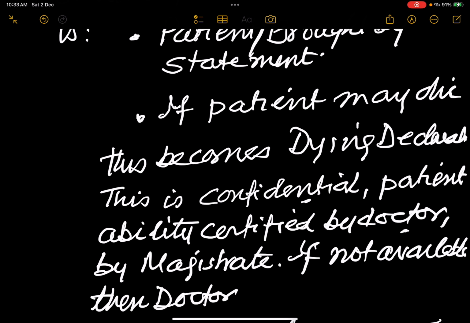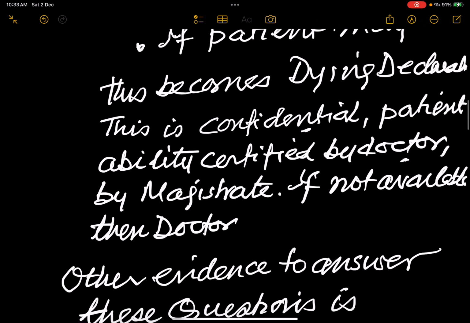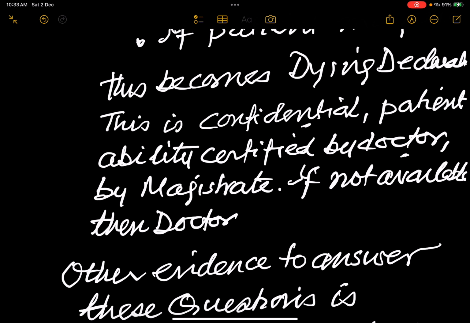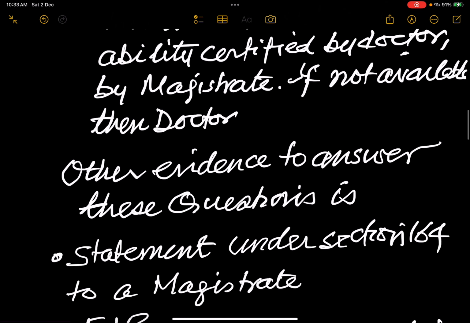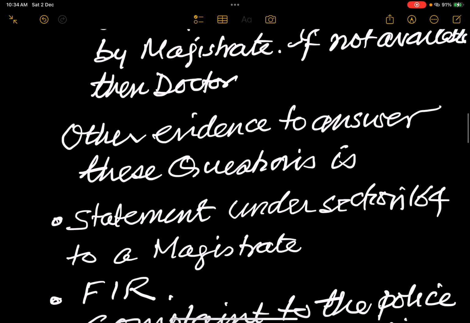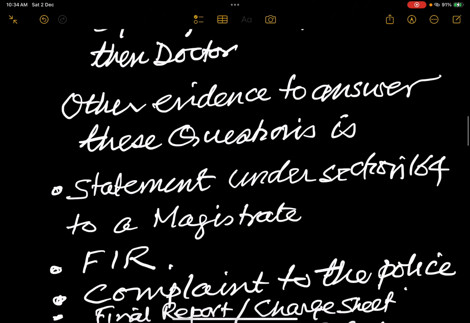And if the magistrate is not available, then the doctor himself has the responsibility of recording the dying declaration. What are the other evidences to answer these questions? The patient or relative may go and give a statement under section 164 to a magistrate or the police.